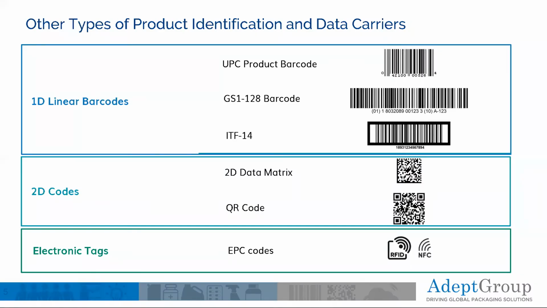When we look at common codes that we can find on products or on packaging and different types of packaging forms, we come across usually the main used ones, and there are still a lot of 1D linear barcodes.